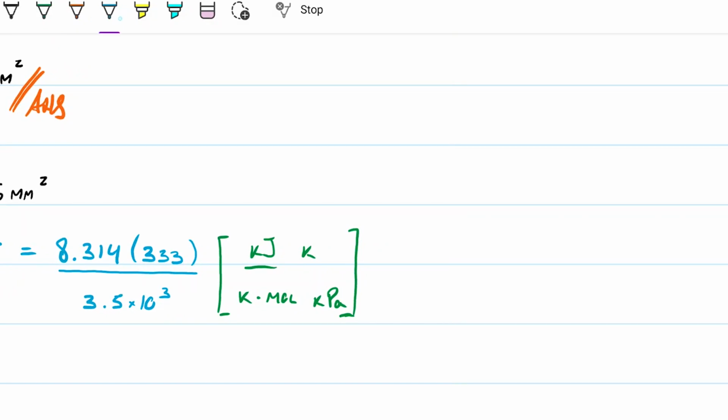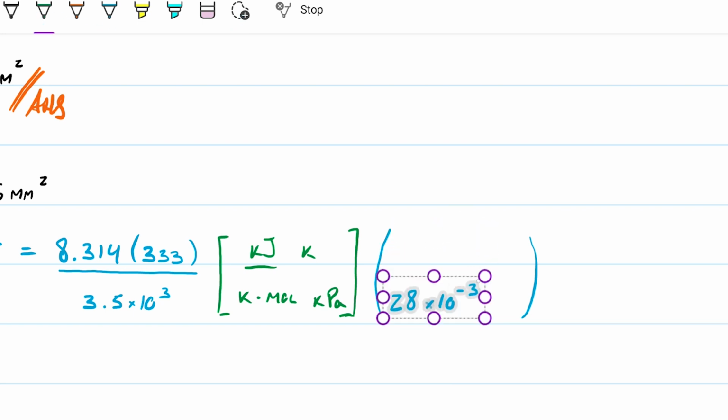Brilliant. We also need to eliminate that mole, and therefore what I'm going to do is go ahead and multiply the whole thing by 28. That's grams, so 10 to the minus 3, that's kilograms per mole. Okay, so we have that amount per mole. Let me just keep this in green. So we have everything in green.